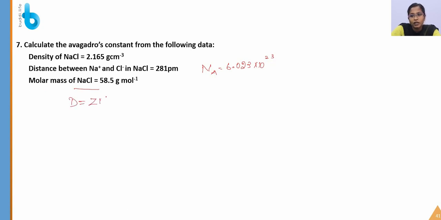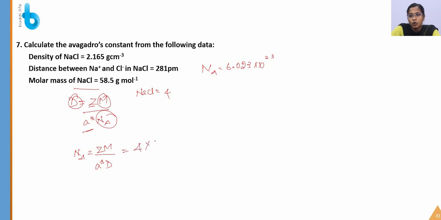So what is the formula? Density is equal to Z M by a cube Na. We know the density, and we know the Z value because the number of formula units in an NaCl crystal is 4, and the molar mass is given. We don't know a cube, the edge length value, and we have to find the Na value. So Na is equal to Z M by a cube d.